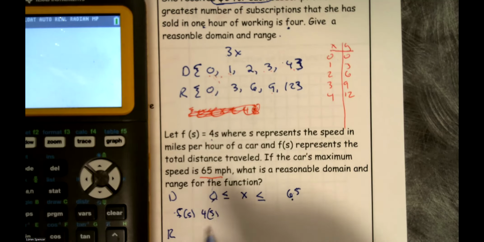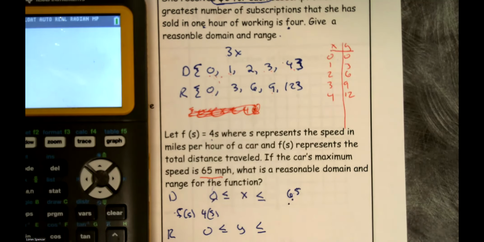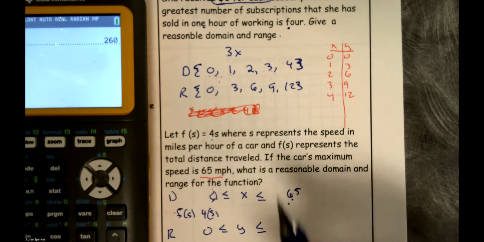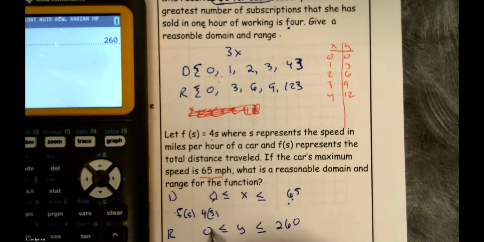Well, s could be 0. Well, 4 times 0 is 0. So 0 less than or equal to y less than or equal to, we can't go faster than 65. So 4 times 65 equals 260. So the range of the function could be anywhere from 0 to 260.